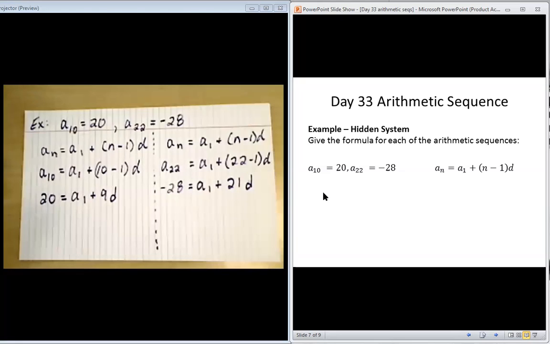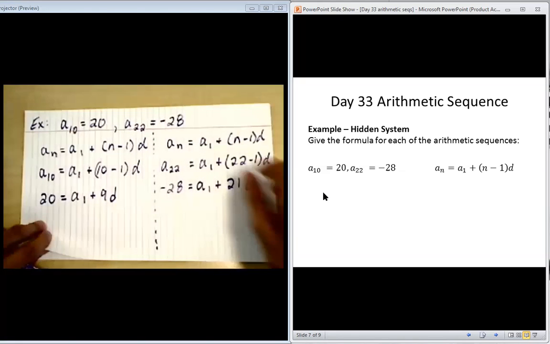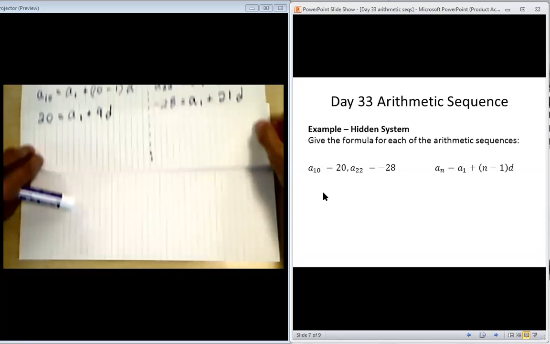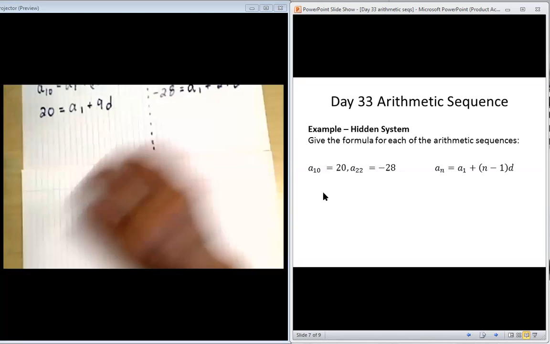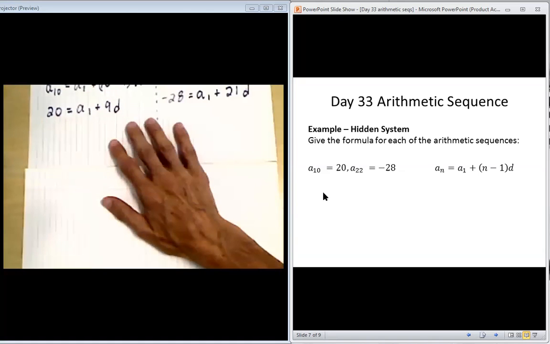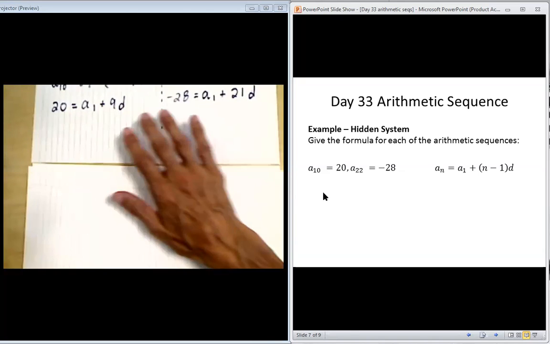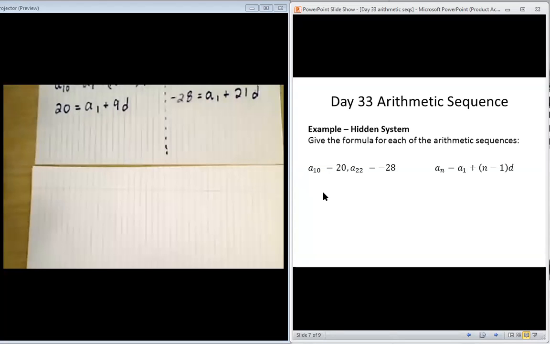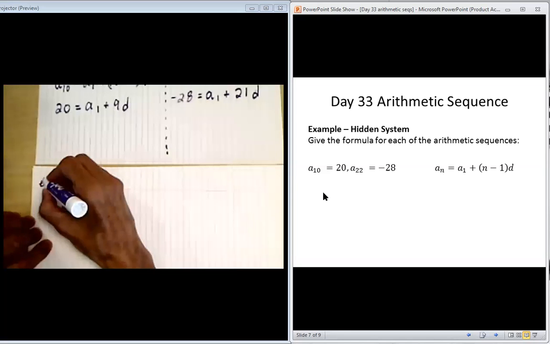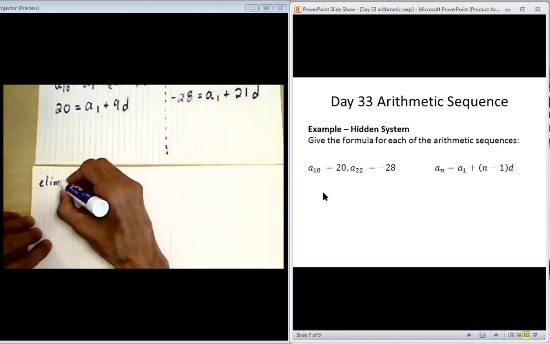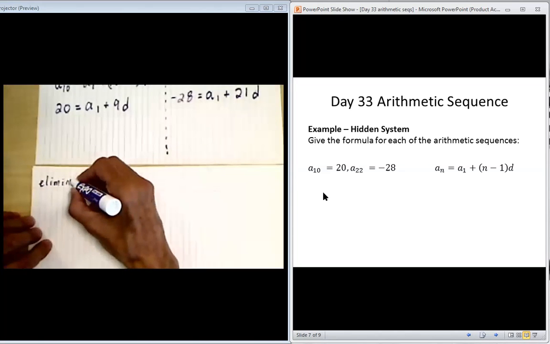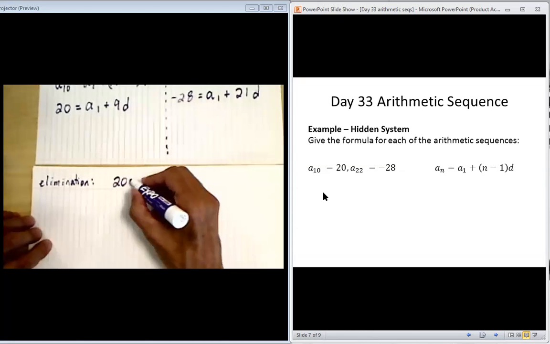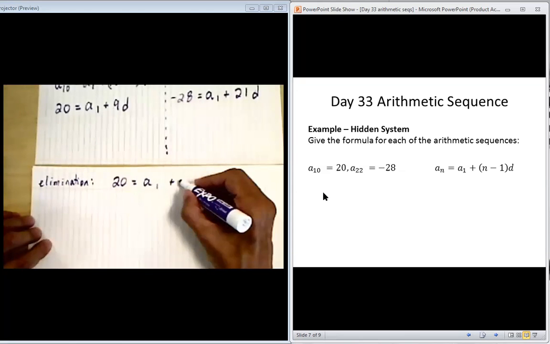So I'm going to set it up as a system first of all. And that means having them one on top of another. Yeah, I said substitution, but I'm going to do elimination for this one, just because I see the A1 is appearing in both. So we've got 20 is equal to A1 plus 9D.